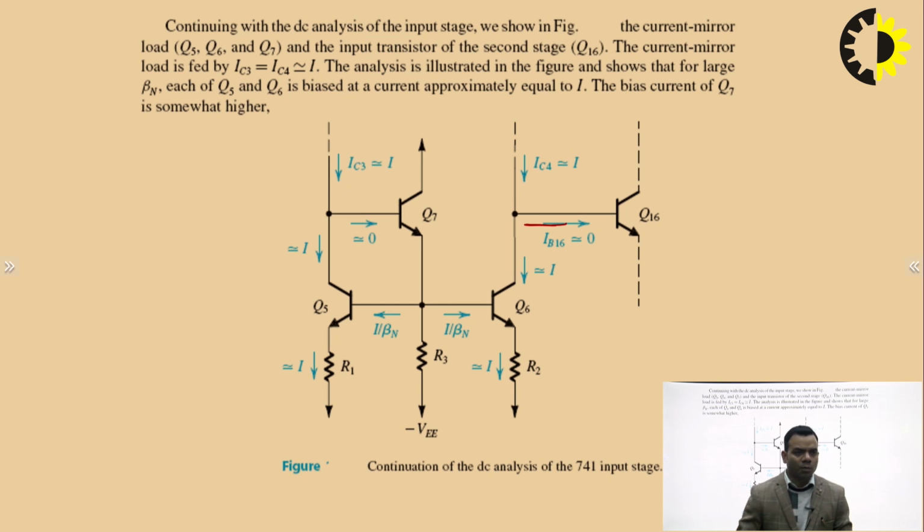So this is how we can analyze the IC741 for the DC input. In the next lecture we will see how this circuit behaves for the AC.